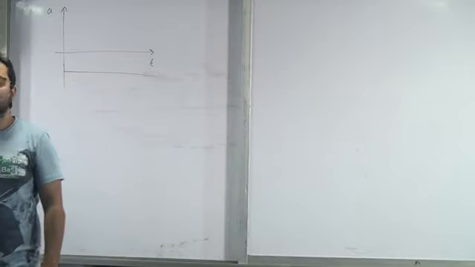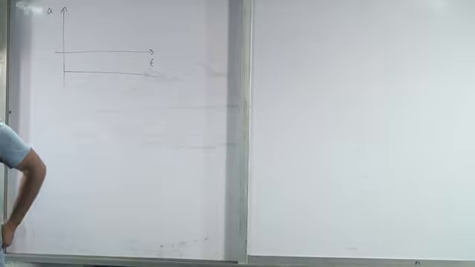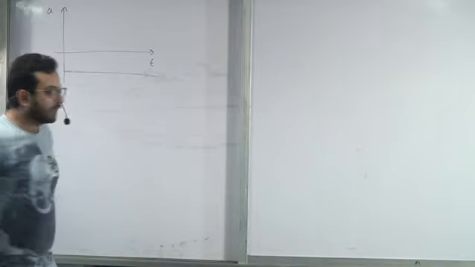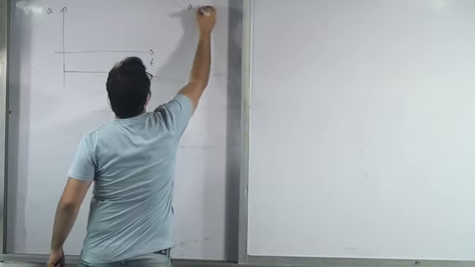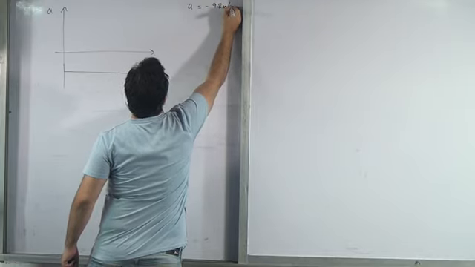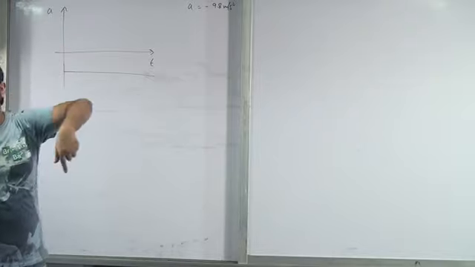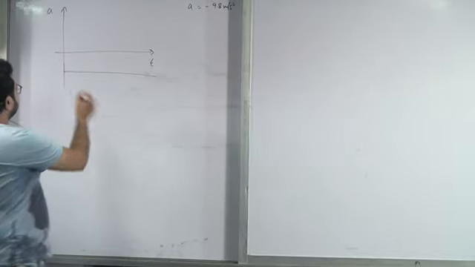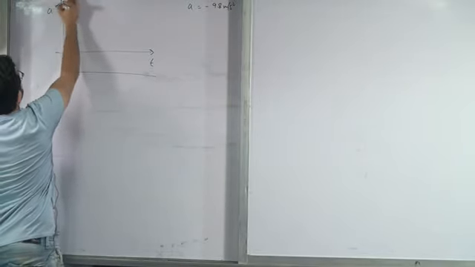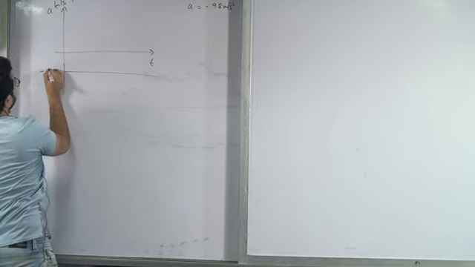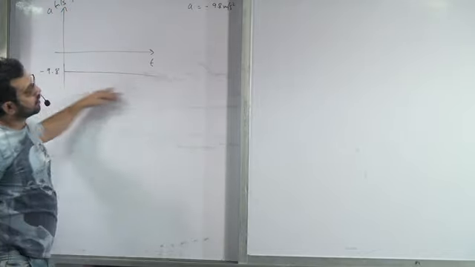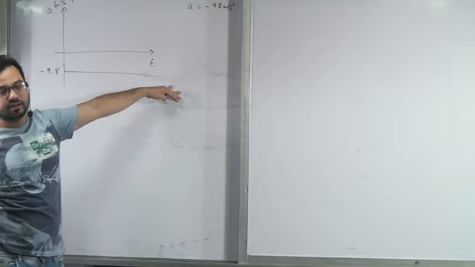Because the particle is thrown up, the acceleration is the acceleration due to gravity. And according to my sign convention, because I have chosen downward as negative, it would be minus 9.8 meter per second square. And it is constant.